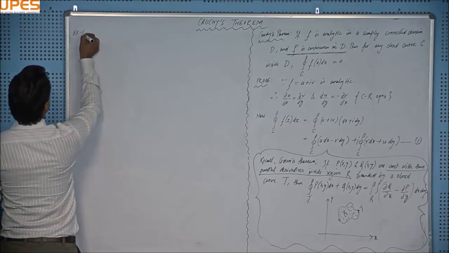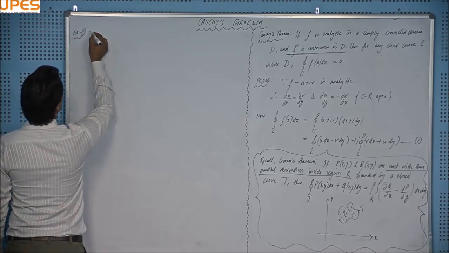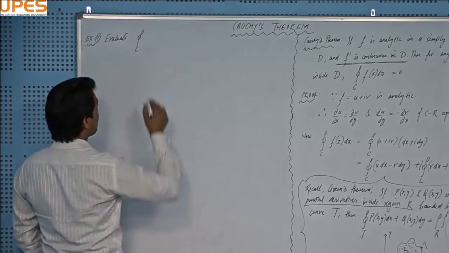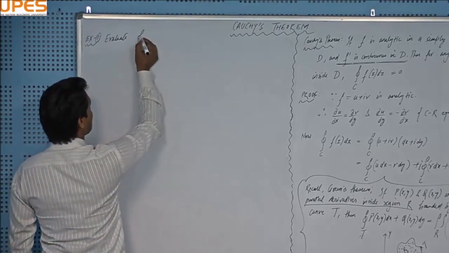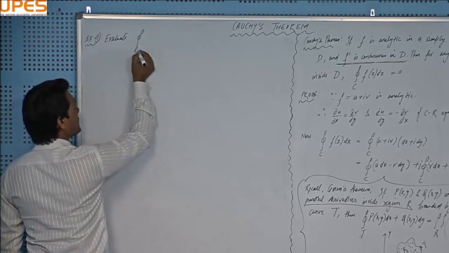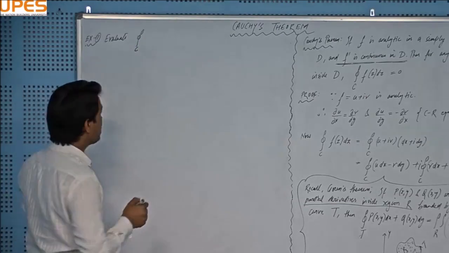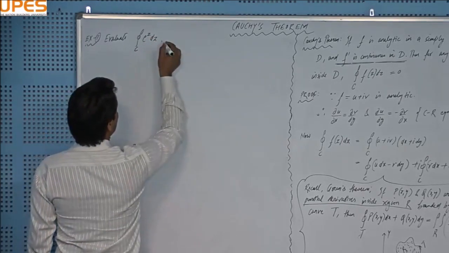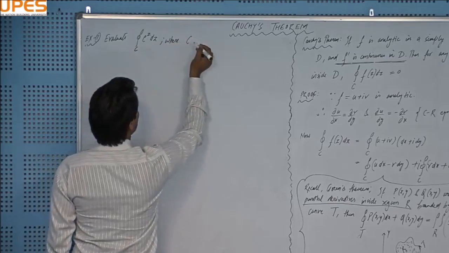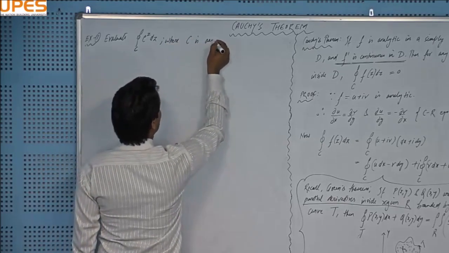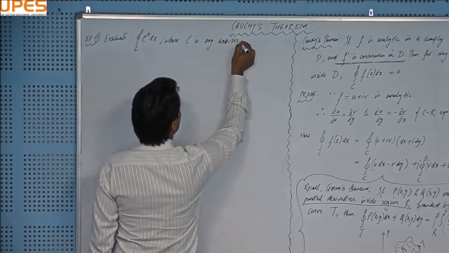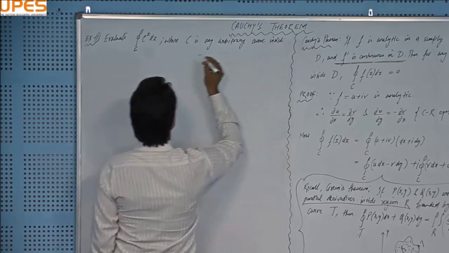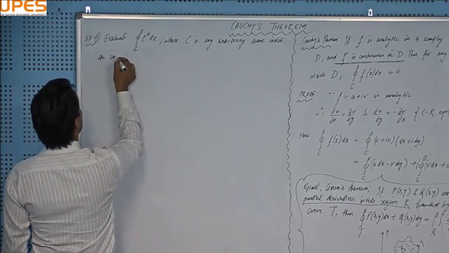Example number 1. Evaluate the integration over closed curve C, because this symbol is used, it indicates that this curve C should be a closed curve, of e to the power z dz, where C is any arbitrary curve inside the complex plane.